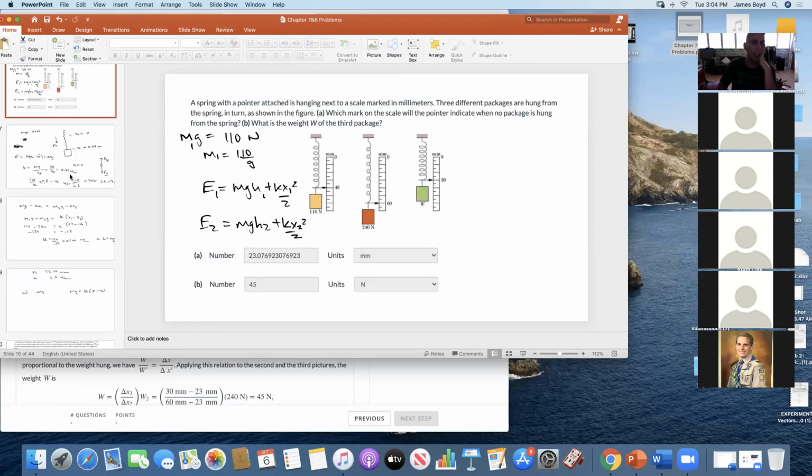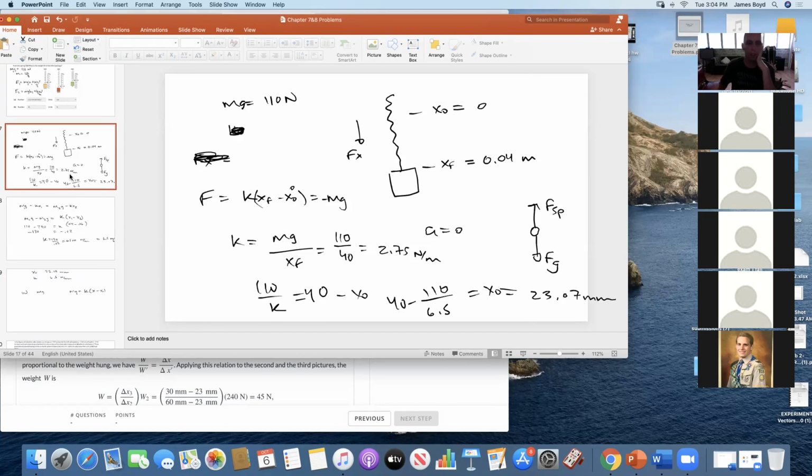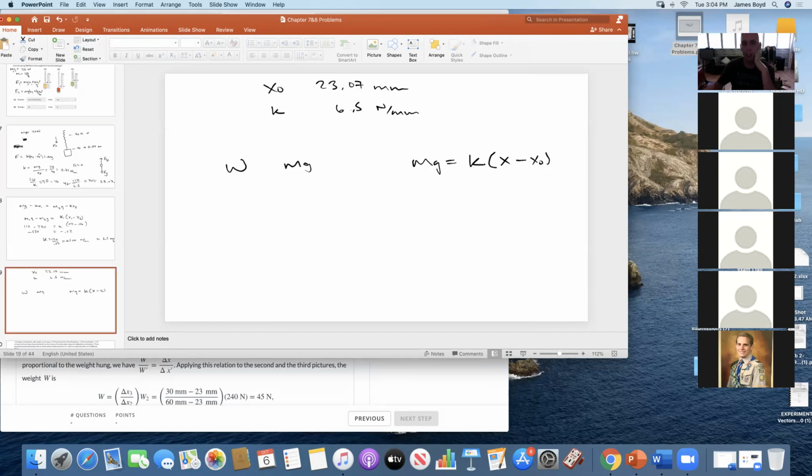Okay, x is 30. X naught is 23.07, and k is 6.5. Those are all in millimeters to give us this. There's a weird issue here, which I'll talk about in a second.